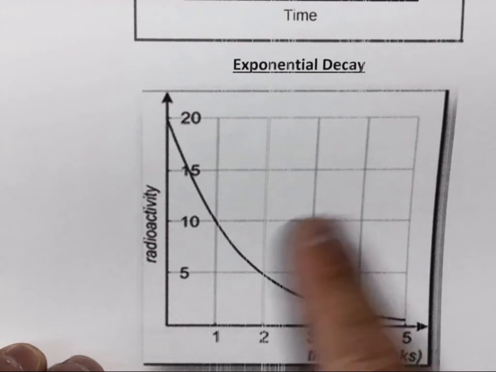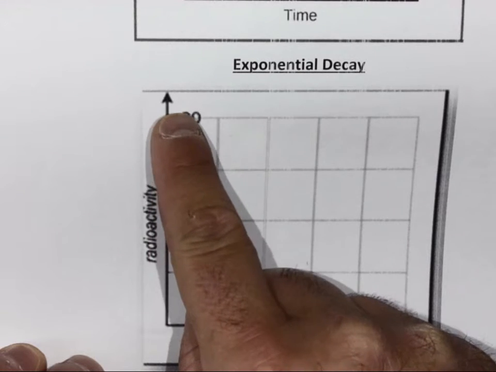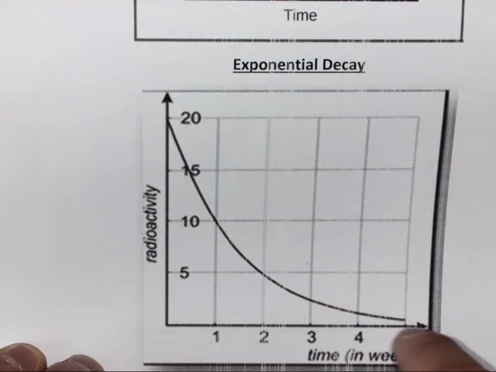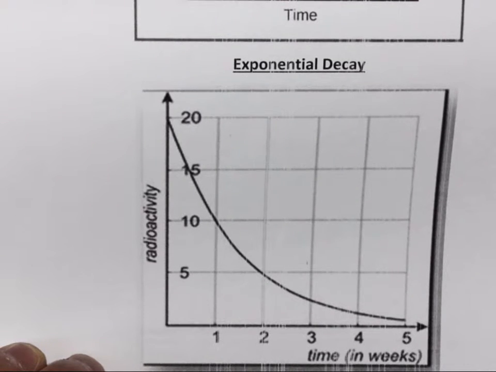You can see that you've got data that is decreasing rapidly, right? So you still see that curve, but it's decreasing instead of increasing. This is an example in regards to radioactivity, time in weeks. So think about half-lives of radioactive substances. That's one application of exponential decay that's used quite frequently.